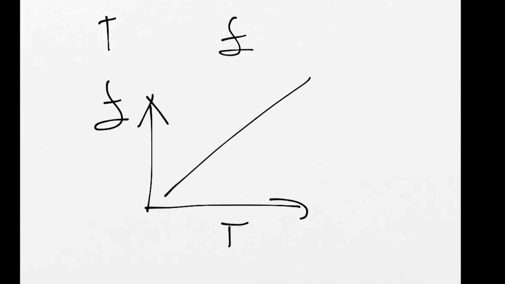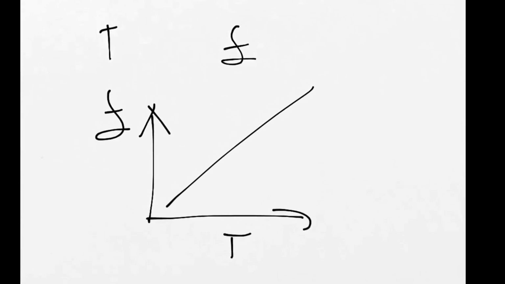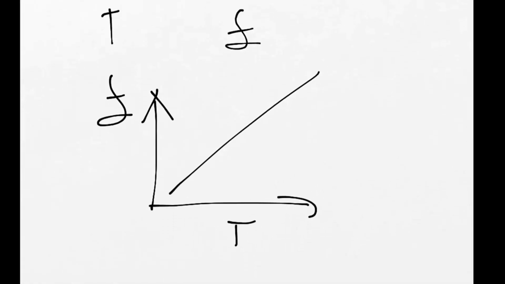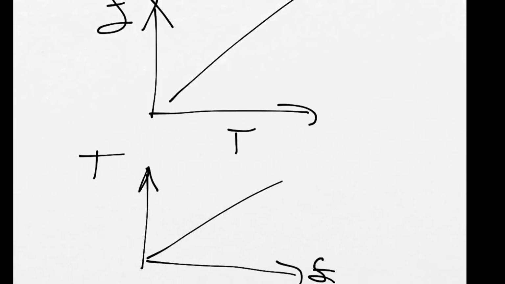Likewise, I could turn it around. What would happen if I turn that around and say, I measure the sales and the temperature? I probably would get a strong correlation as well. Yeah? I just change the axes.